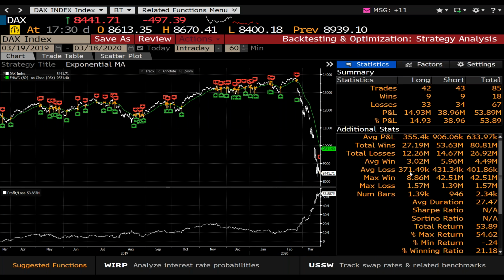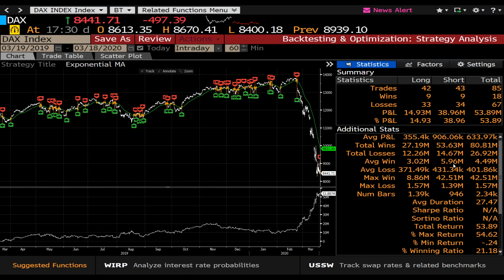I have fine-tuned this very much, right? And I will tell you all of that in a bit. So average win is 3.02 million and average loss is 371,000. So my win to lose ratio is extremely profitable.